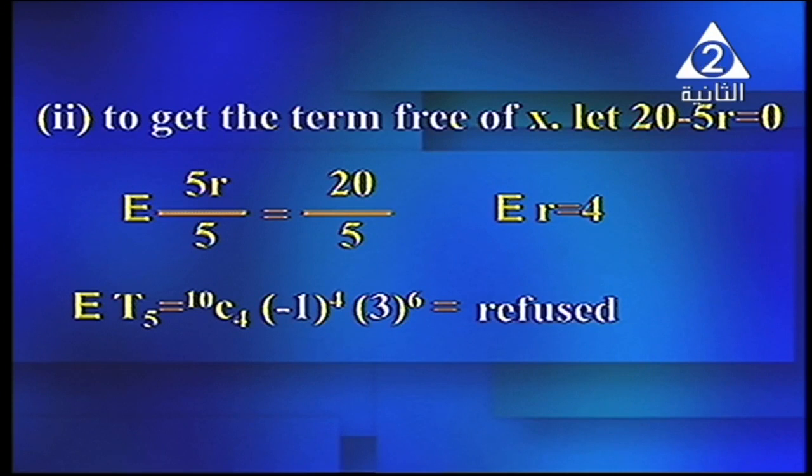Now for x to the power 8. Look at, my dear student, 20 minus 5r equals 8. In this case, 5r equals 12. When divided by 5, r equals 12 over 5, which does not belong to positive integers.